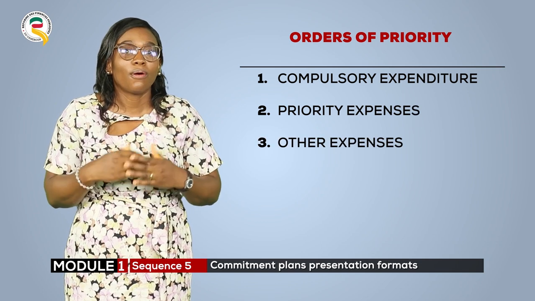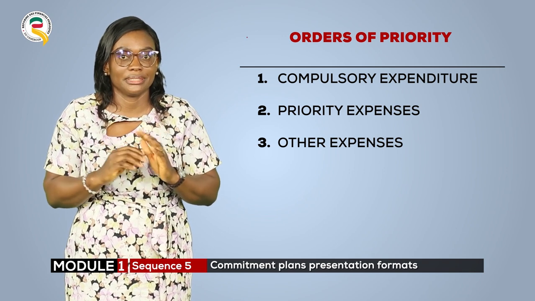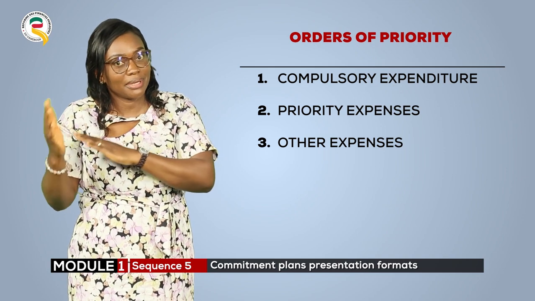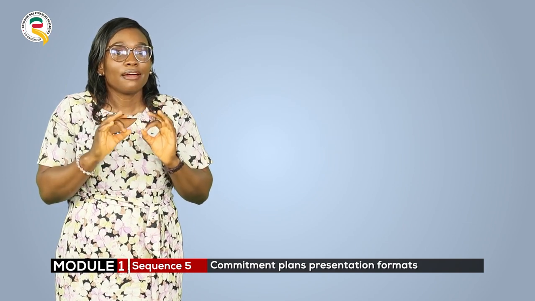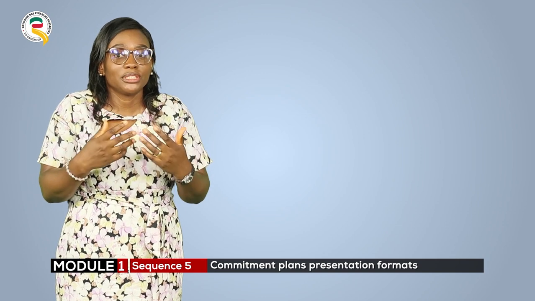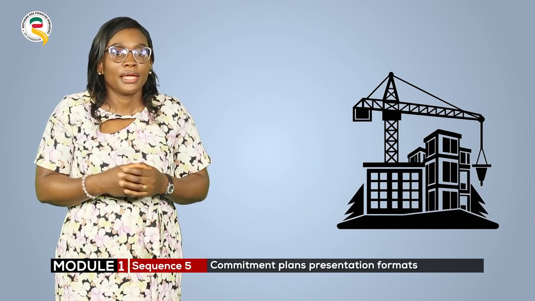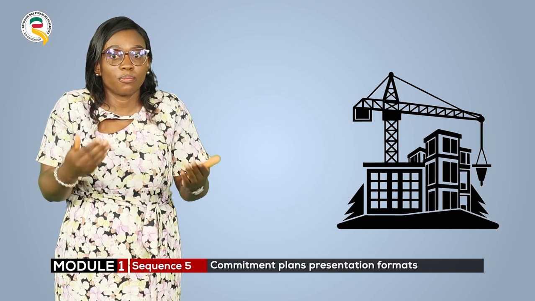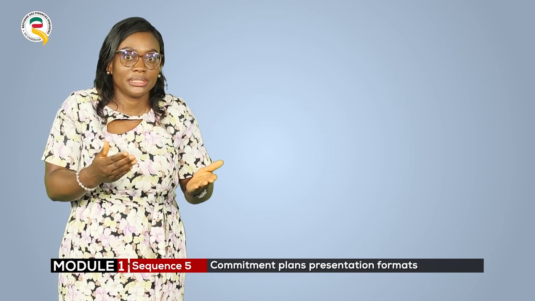Number 3, other expenses constitute the final level of priority. These are expenditures that are neither mandatory nor a priority. The level of priority of an expense is set by the administration using it. For example, the construction of a building may be classified as compulsory in one context and merely a priority in another.